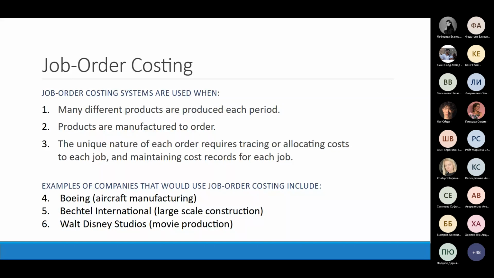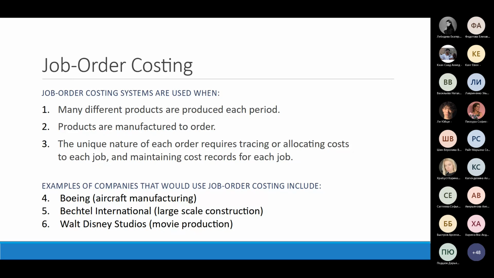We can see some examples of companies that would use the job order costing method, for example, Boeing. Each airplane is a specific job, a specific order, which is not the same for different customers.